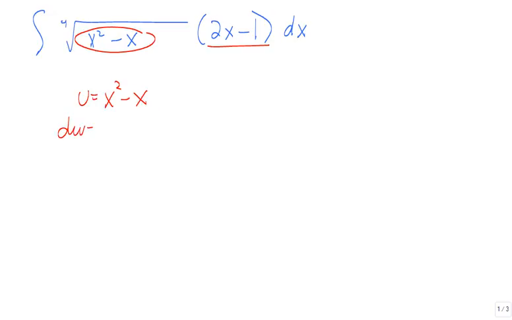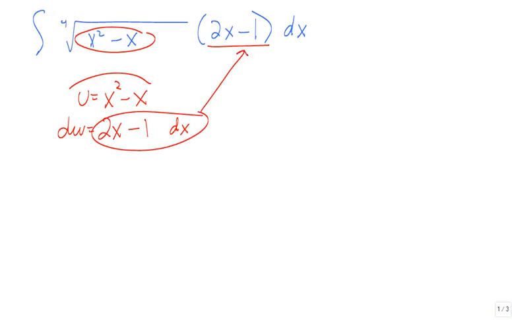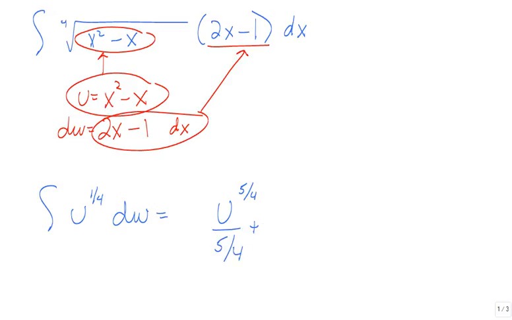Then I take the derivative immediately and see that it's 2x minus 1 dx, which is what I have right here. And this is what I have right here. So the u is what I have right here. So far I have u to the 1/4 du is u to the 5/4 divided by 5/4 plus c, which is 4/5 u to the 5/4.